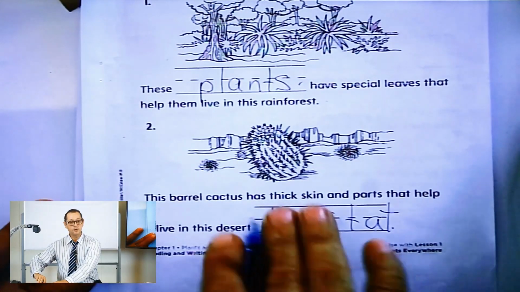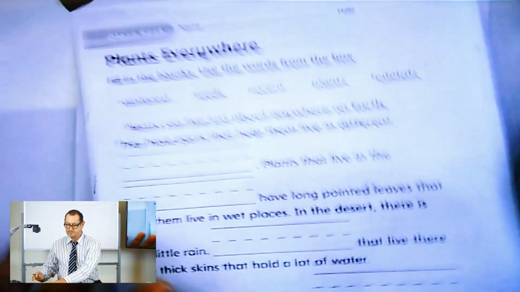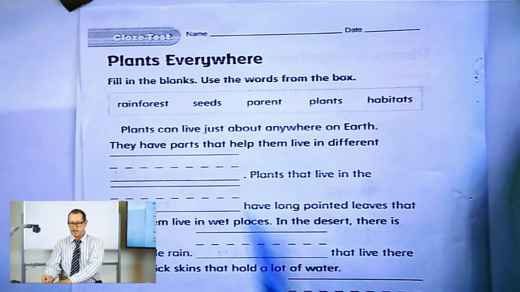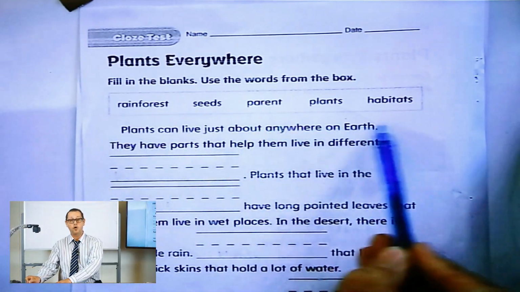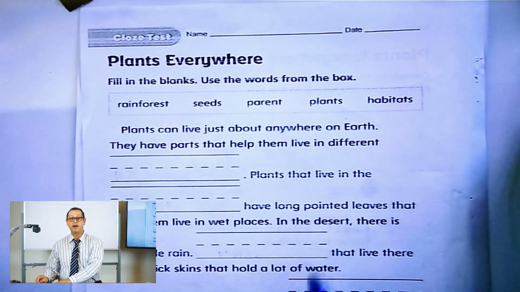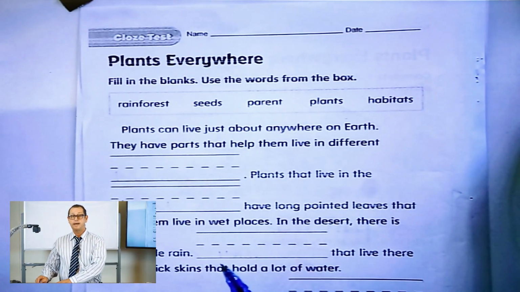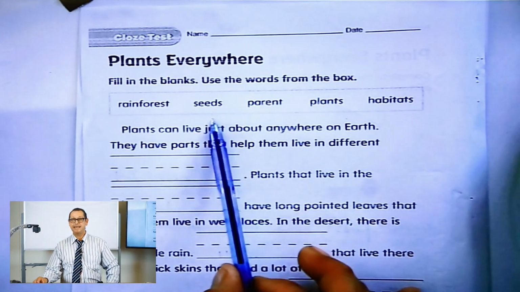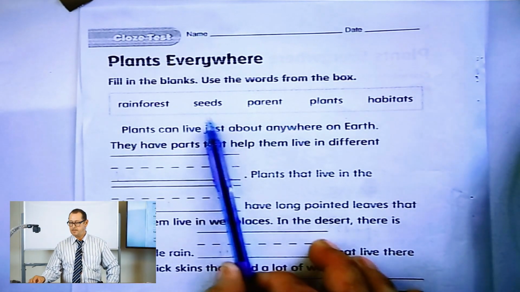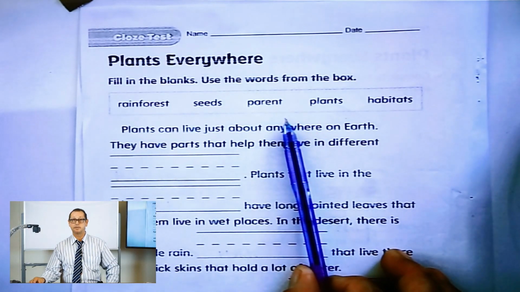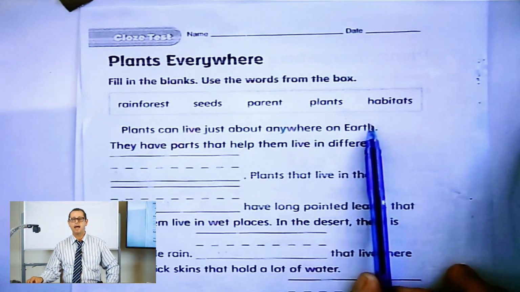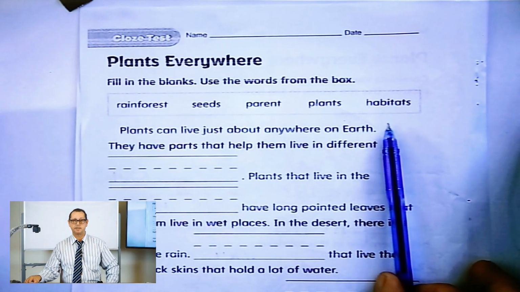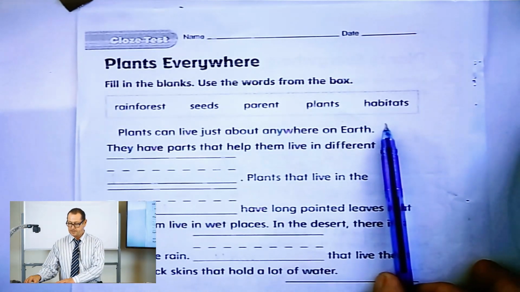Okay, let us look at the next question. On this page we have another box with 5 words. Rainforest, seeds, parent, plants, habitats. Excellent job.